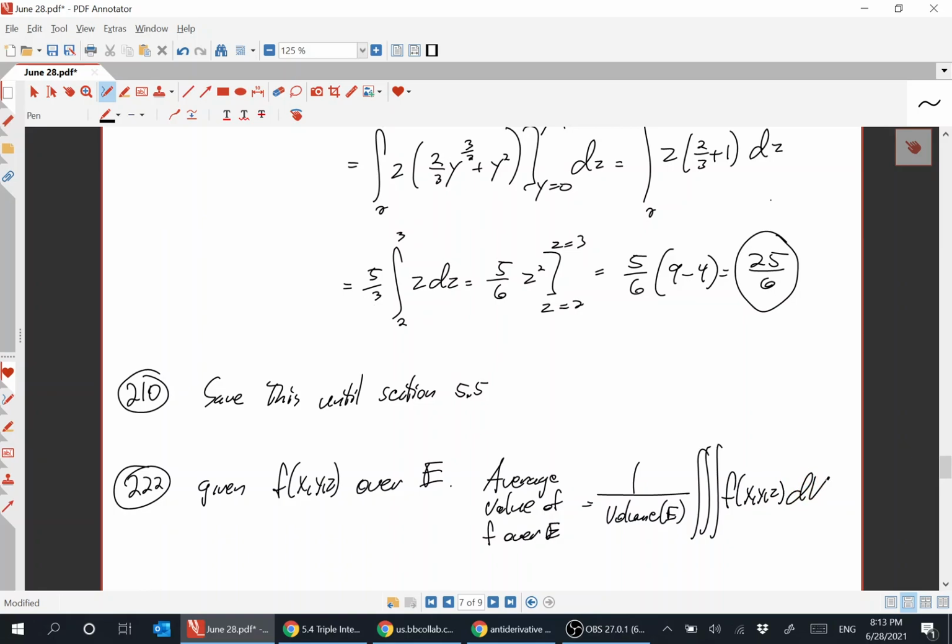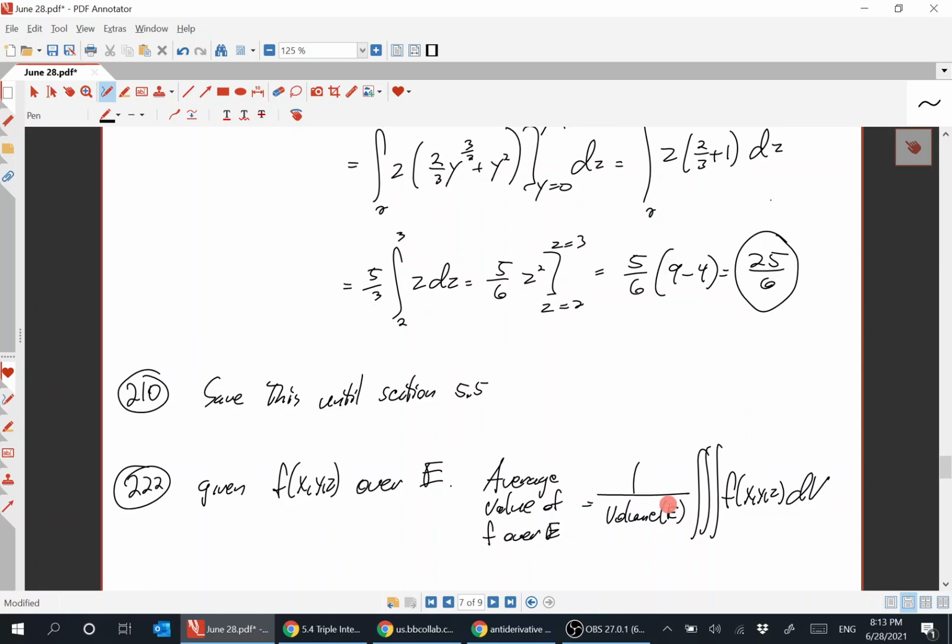So just like the single variable function and the double variable function. For a single variable function, the average value of f over the interval is 1 over the length of the interval, so 1 over the measure of the interval, which is length in one dimension, times the integral of f(x) dx. For two dimensions, the measure of the region is area.